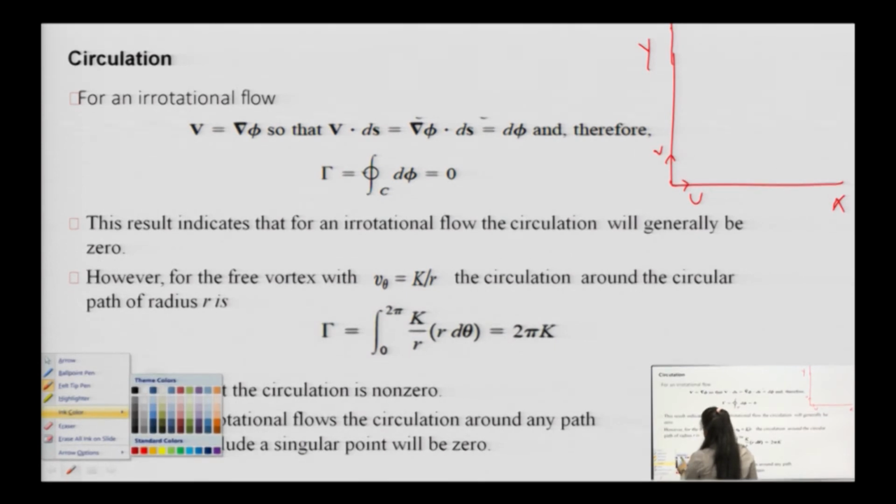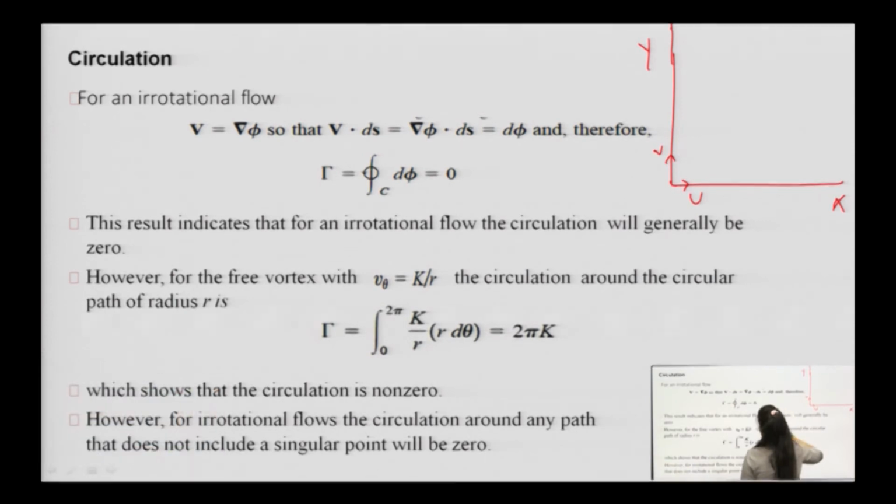Let me change the color. Let us suppose the corners A, B, C and D. This is a fluid element we have kept in the xy plane, and this distance could be written as dx and this distance as dy.